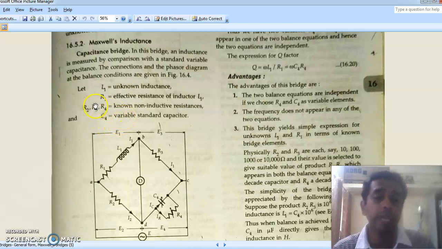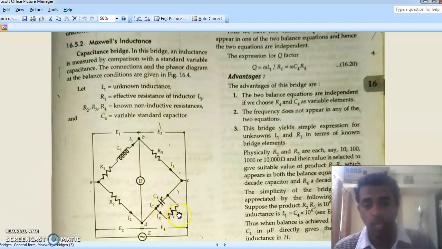So we will be using a decade capacitor box as C4. So this is the bridge: the unknown inductance which we have to determine, three non-inductive resistances R2, R3, and R4, and the variable capacitance, a decade capacitor box.